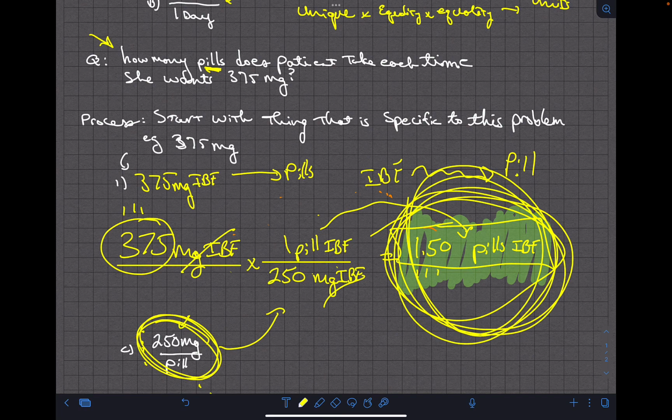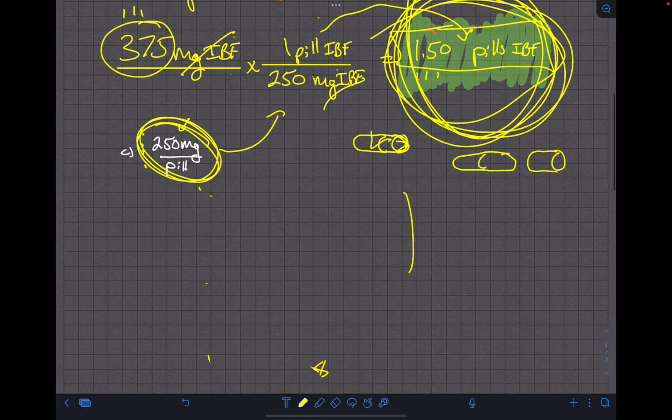So for visual people, it looks like one pill here. Oops, that's not a pill. It looks kind of like this, and they're scored in the middle, so it's one pill and a half, 1.5 pills of ibuprofen. So that is the answer to that problem, and we're done.